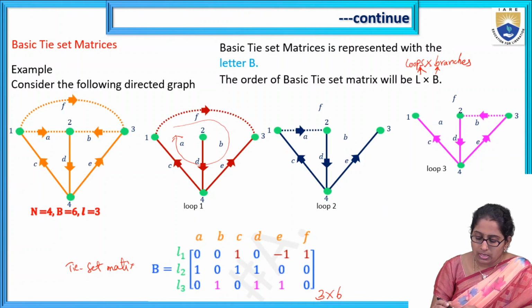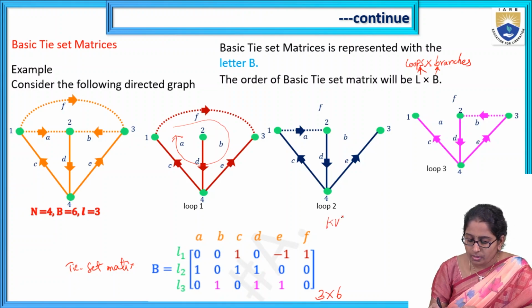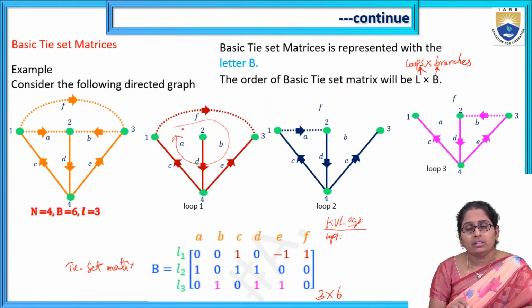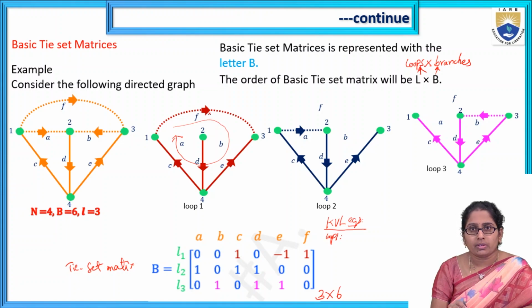Now the KVL equation for loop 1, start from here. We know that in the KVL equation, if the assumed current direction is the same as the branch voltage direction, then it is taken with a negative sign. What is the first branch voltage? VF. So minus VF, because the branch current direction is also the same as the assumed current.